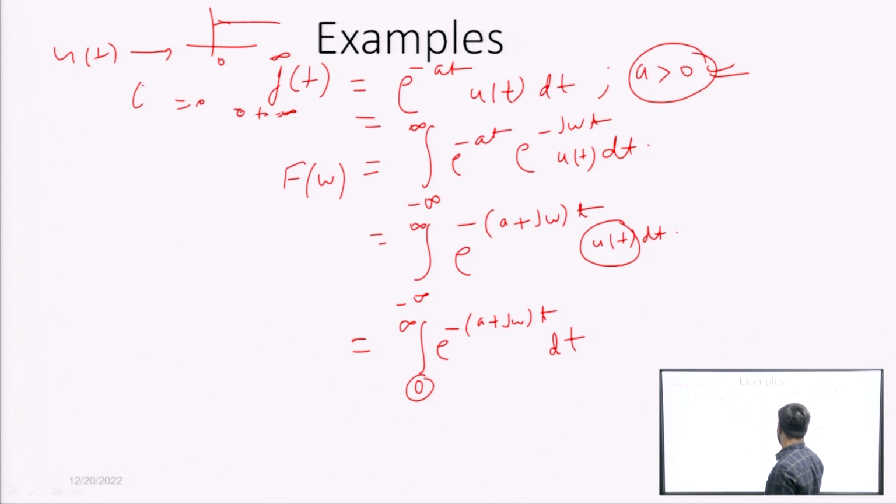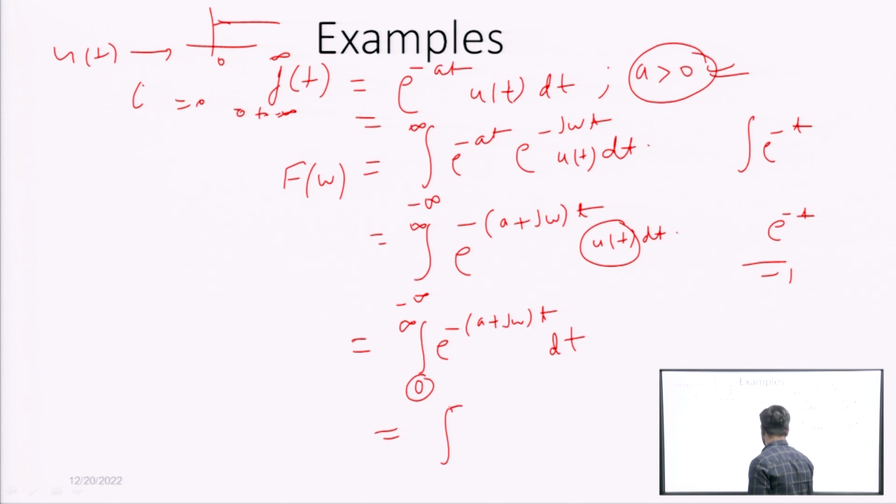Now, the integration of e to the power minus t is e to the power minus t upon minus 1.